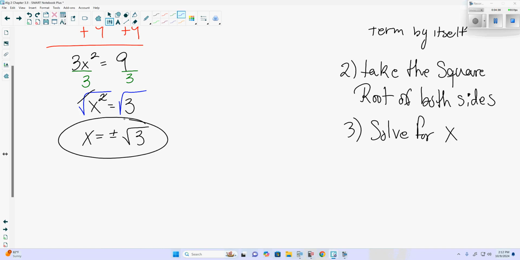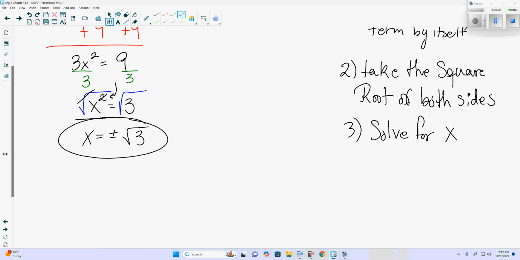So, questions? Yes, sir. So the square is dealing with the square root, because we're taking the square root of x squared.